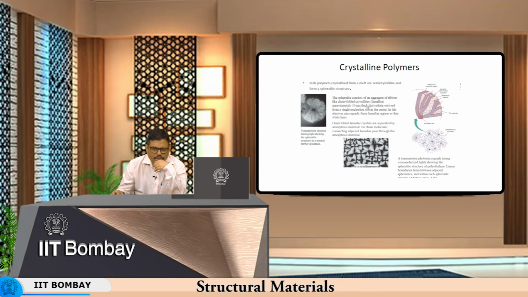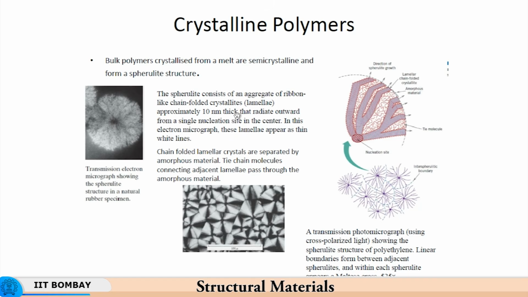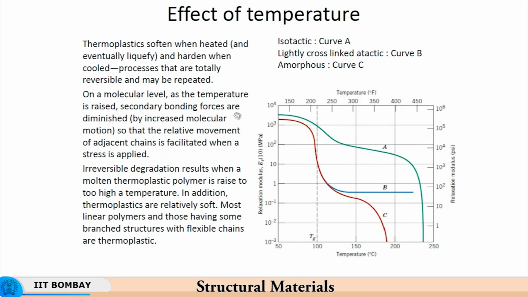So, here you have the orderly arrangement of atoms due to ribbon like chain folded crystallites or lamellae, and so the same thing looks something like this as well. So this is what we saw here for a spherulite structure of polyethylene, where you get these lamellar structures going out.